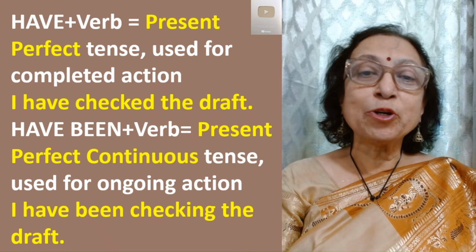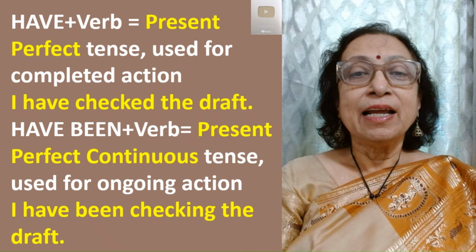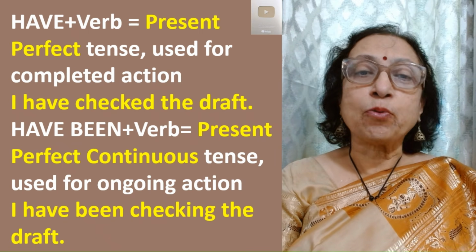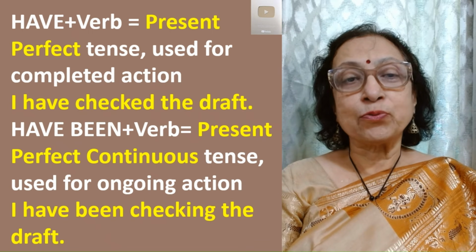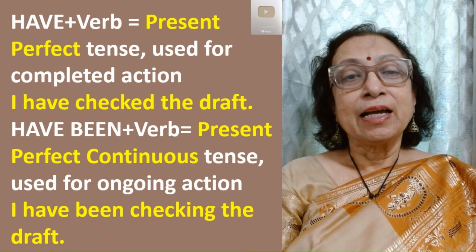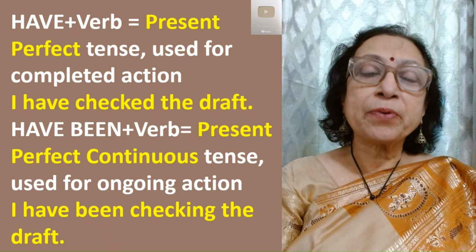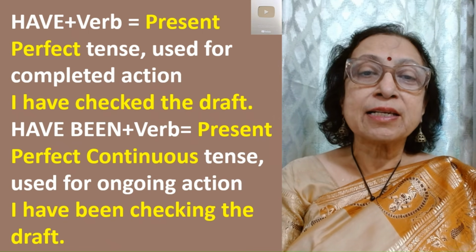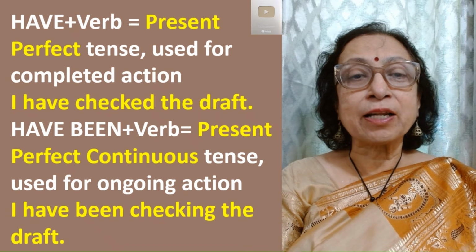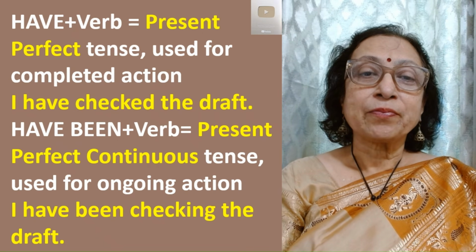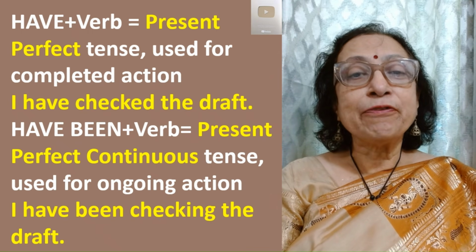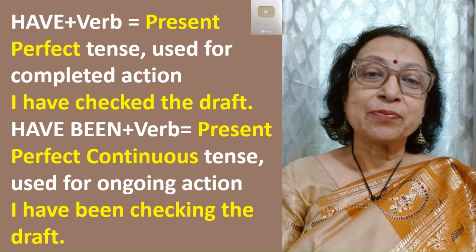Before we begin to look at the examples, let us first check the structure which you require with this word. The present perfect form requires the past participle of the verb. The example you can see here, the verb is check.